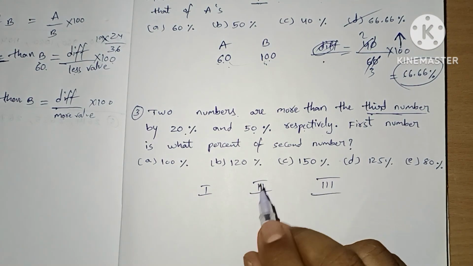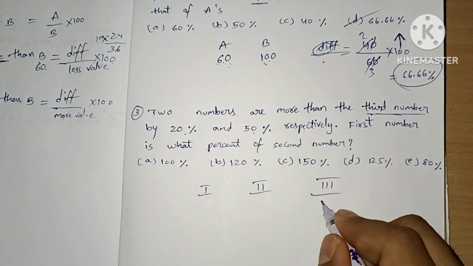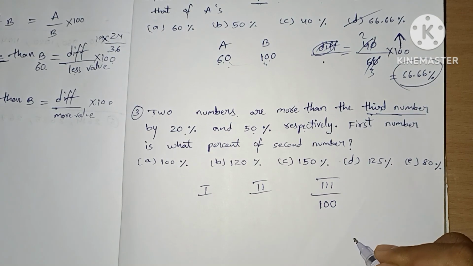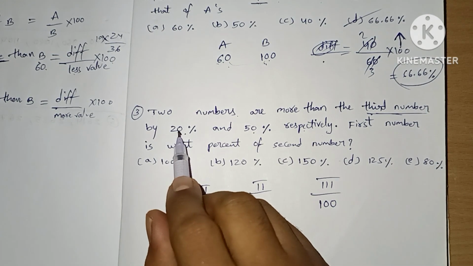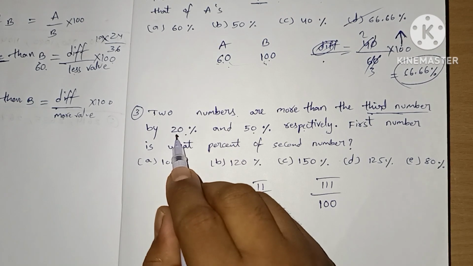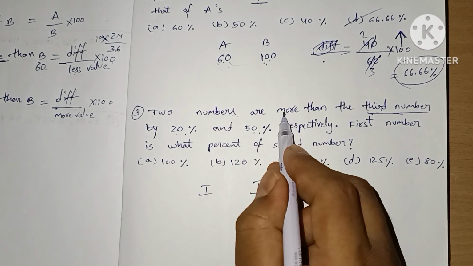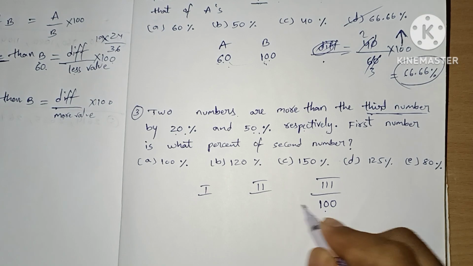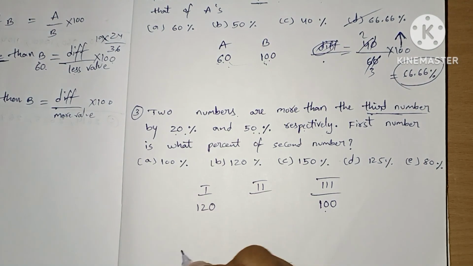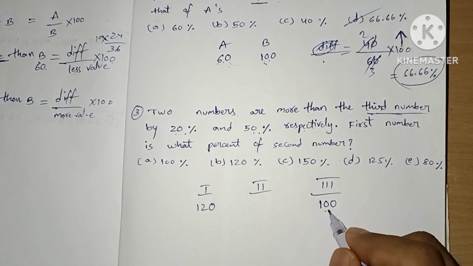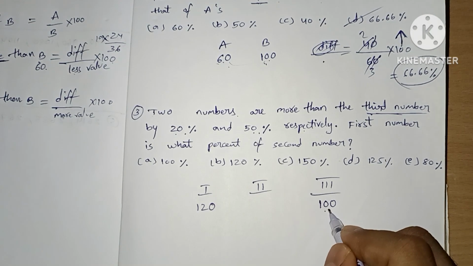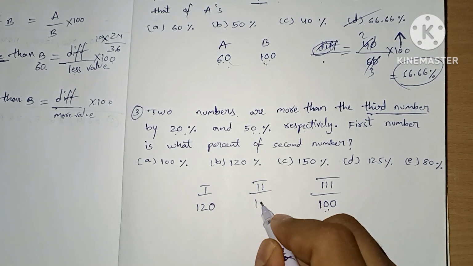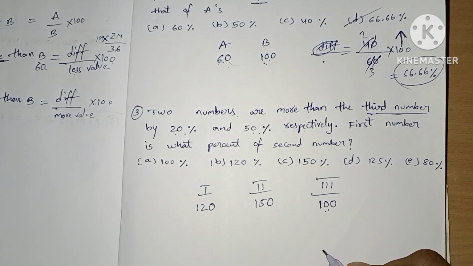Let's take the third number as 100. 20% and 50% more. So 20% more means the first number will be 120. 50% more means 50% of 100 will be 50. 50 more means 150. Okay.